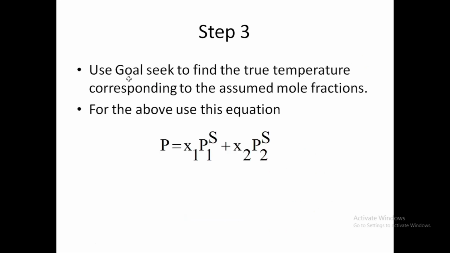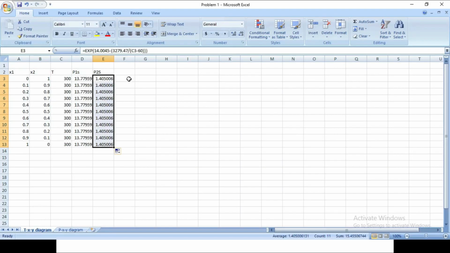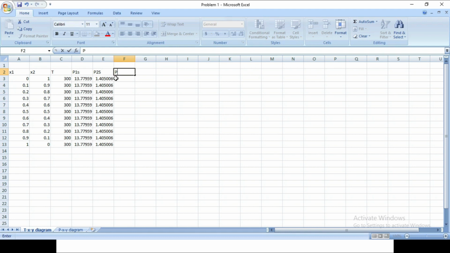In step number 3, use goal seek to find the true temperature corresponding to the assumed mole fraction. For this, use the equation P equal to x1 P1s plus x2 into P2s. I am going to calculate P for the temperature I assumed here: mole fraction of component 1 into vapor pressure of component 1 plus mole fraction of component 2 into vapor pressure of component 2.